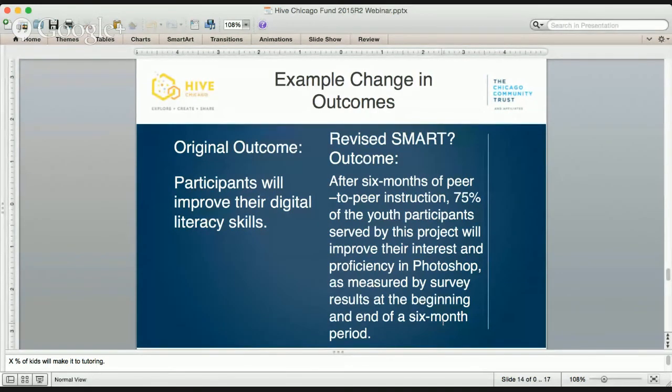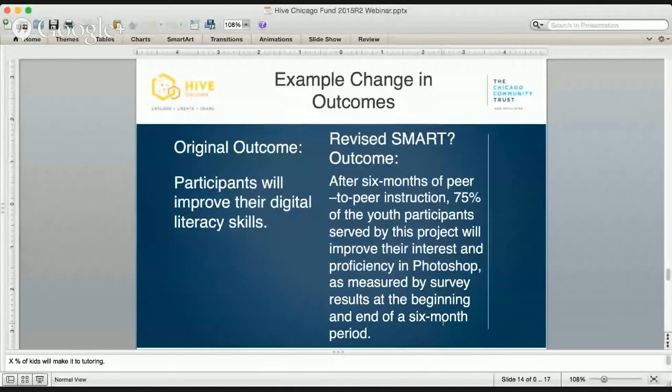What's key here isn't your definition of digital literacy or improvement. It's that you've made a definition, period. You've explicitly identified what digital literacy means to you, how you're going to measure it, what improvement you're looking for, and you've been as specific as possible about it. That level of detail makes the outcome measurable, reportable, and understandable to a variety of different people.